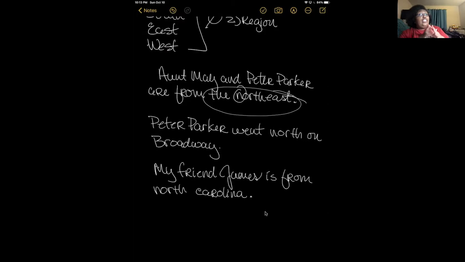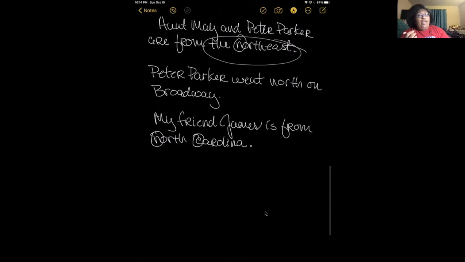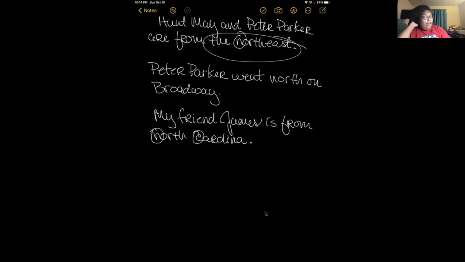There's actually two rules at play here, right? There's the original rule, proper names or proper nouns and adjectives. That's actually the actual name of that state. But you also have a cardinal rule, right? And you remember, if it's part of the name, you got to capitalize it. So North Carolina.